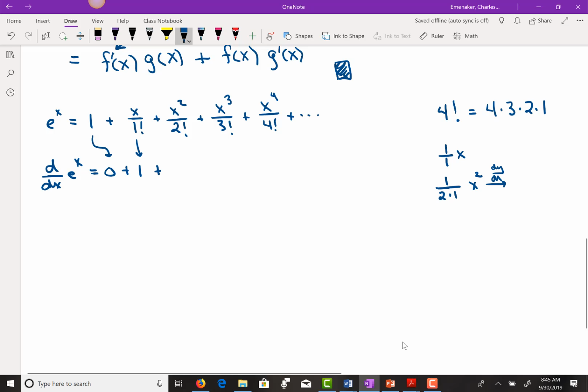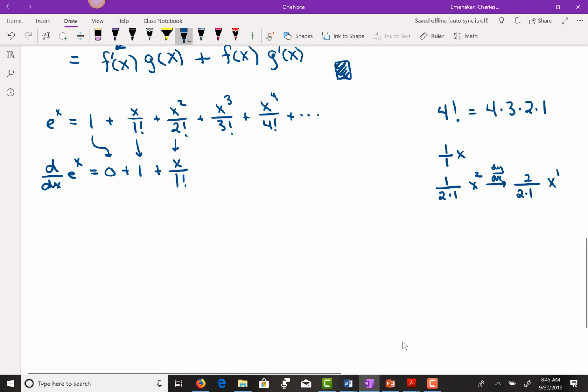If we do the derivative of this, the 2 from the exponent is going to come out front. We're going to have 2 over 2 times 1 x to the first power. What does that fraction simplify to give you? 1. This is the same thing as x over 1 factorial when you take its derivative.